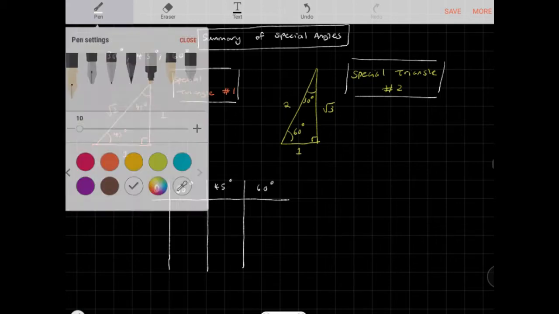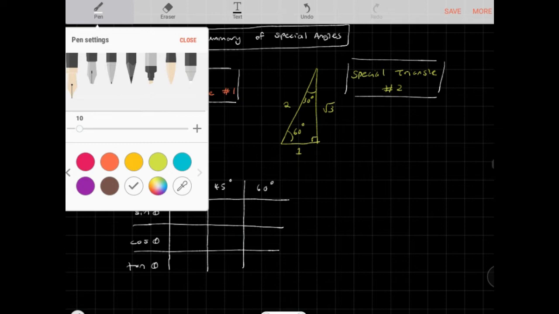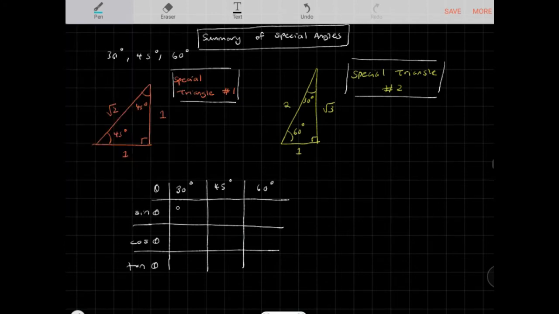Then we have sine theta, our sine function, cosine theta, cosine function, and tan theta. We showed that sine 30 was the value of 1/2. Sine 45 was square root 2/2, and sine 60 is square root 3/2.